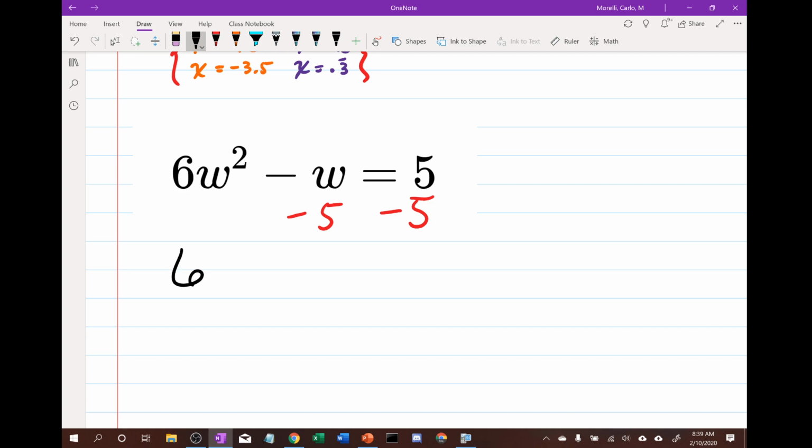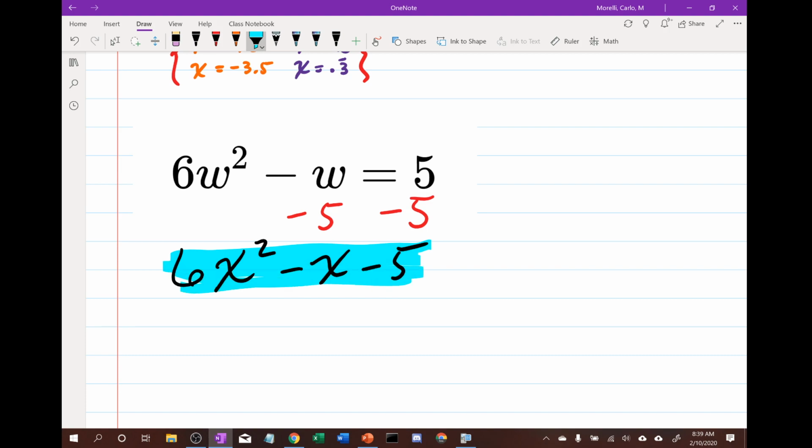Now, we're going to write this in exactly the form that we're going to stick it in the calculator. So, replace the w's with x's. Put this in your calculator in y equals.